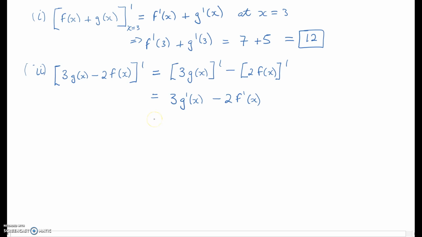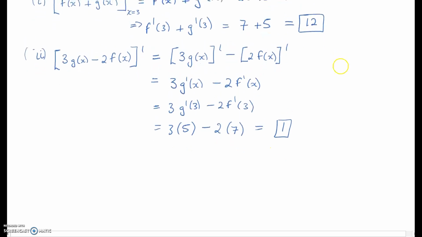So again, when x is equal to 3, that's going to become 3 times g prime of 3 minus 2 times f prime of 3, which is going to be 3 times g prime of 3 is 5, minus 2 times f prime of 3 is 7, so it's going to be 15 minus 14, which is equal to 1.